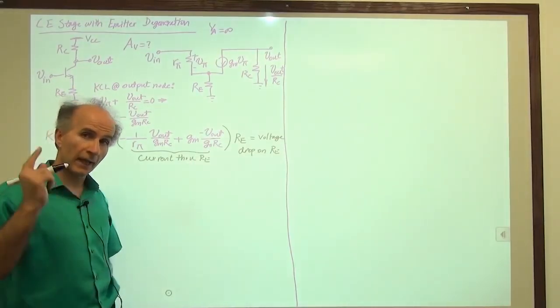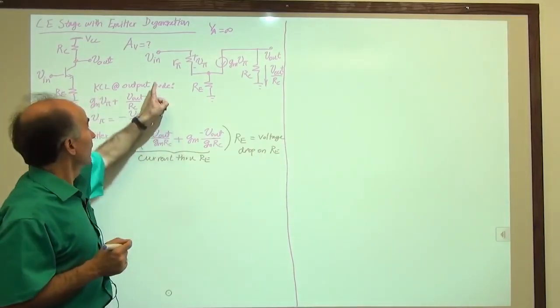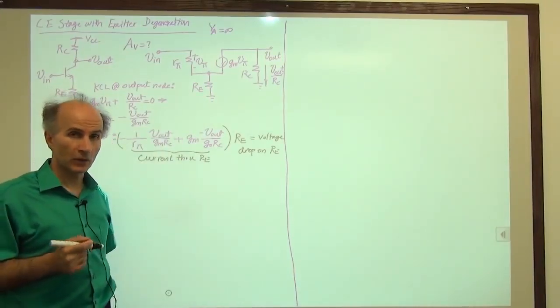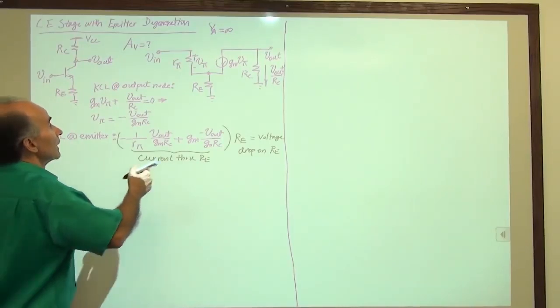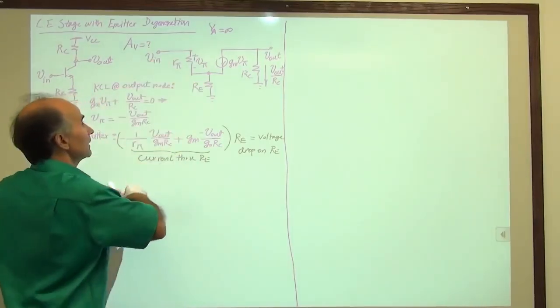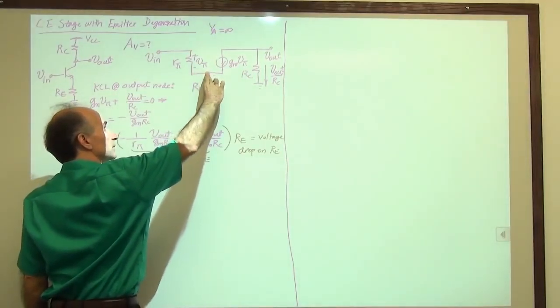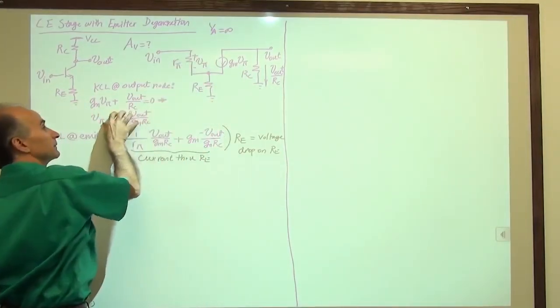Now, in the last step, we're going to write a KVL around this loop. Let's see how that goes. If I run the KVL around here, I say there's a voltage here, which I know, and a voltage here, which I know.